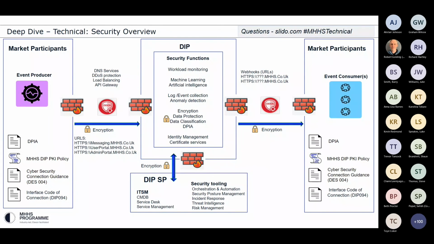And in the middle there, just really identifying the workload management, machine learning, artificial intelligence. And a big piece around all this is identity and access control. So all the authorization and authentication protocols and requirements that will come out in the detailed design.